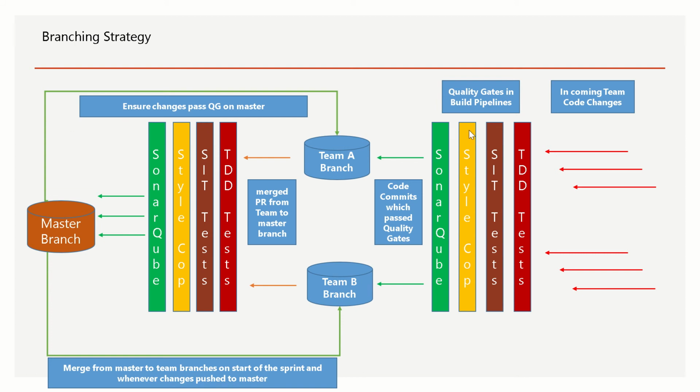Third gate, where your code should not contain any ugly styling. For example, a source code file having more than 200 lines of code, a function or method having unnecessary line spacing or tabs, and a source code file not containing a header which gives information about the source code.